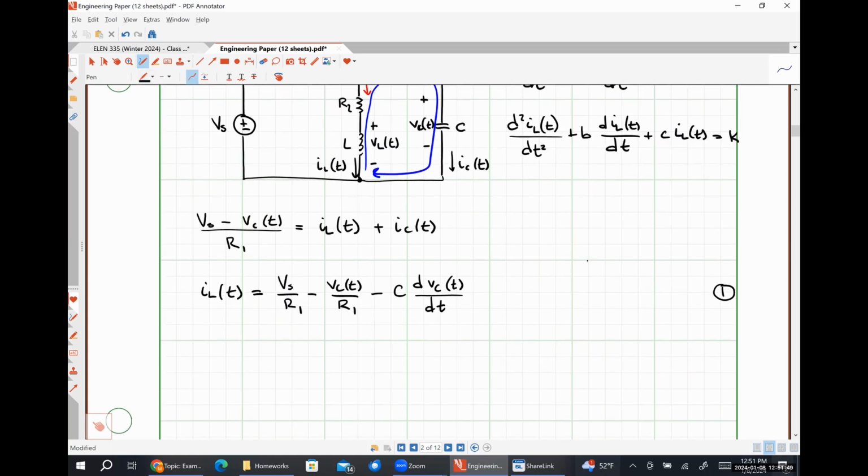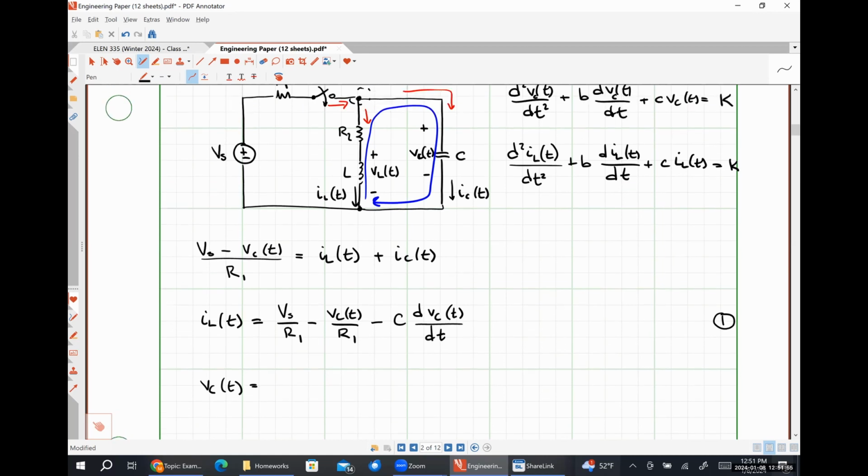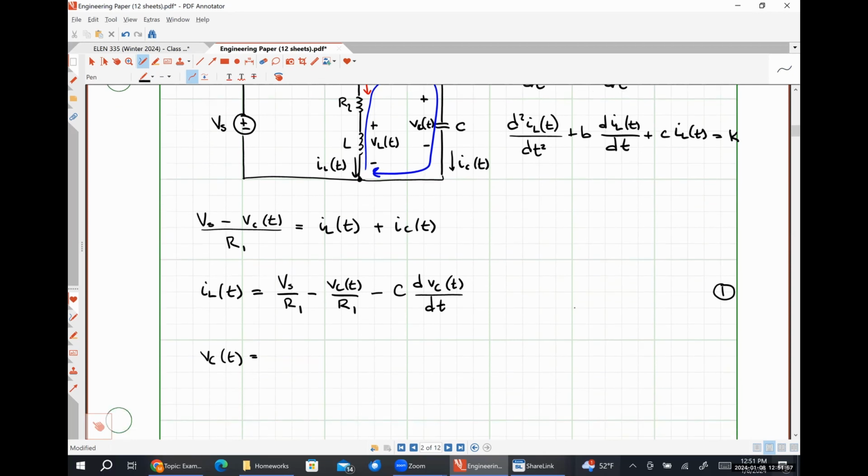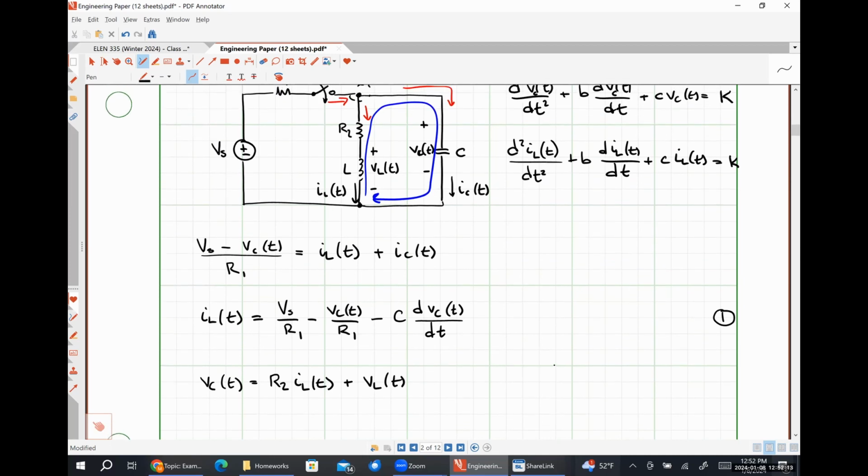So I can see that my capacitor voltage Vc is going to be equal to the voltage drop across resistor R2, which is just R2 times IL, as well as the voltage drop across my inductor, VL. Are we all okay with that?